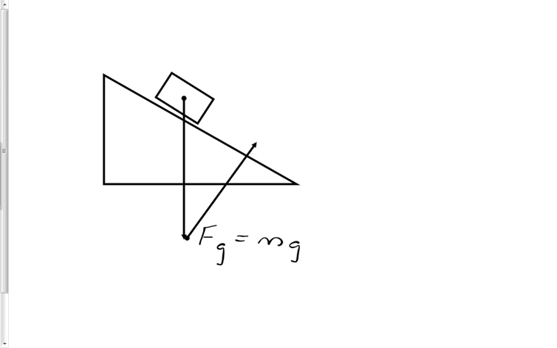If it were to slide down the plane, it would in fact slide down parallel to the plane, right? That would be the vector addition of those two forces. In red, I just drew what the net force would be if there was no friction. This here is the net force.